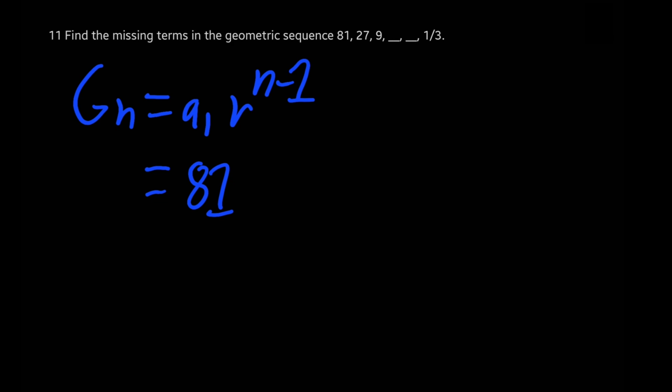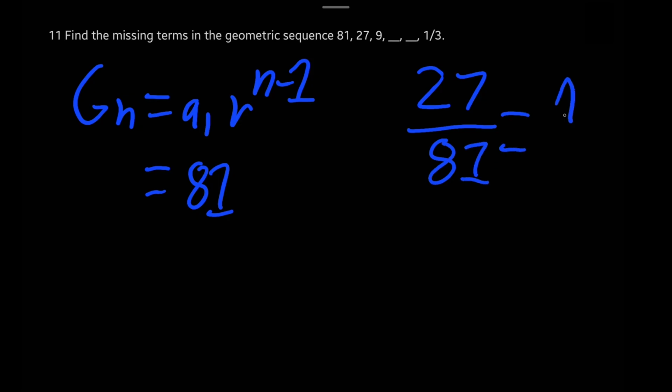Anyways, in order to find our common ratio here, again we put the second term over the first term, and simplifying this, we actually get 1/3. Quite simple. So put in here 1/3 and n minus 1. We'll be looking for, let's say, the fourth term.